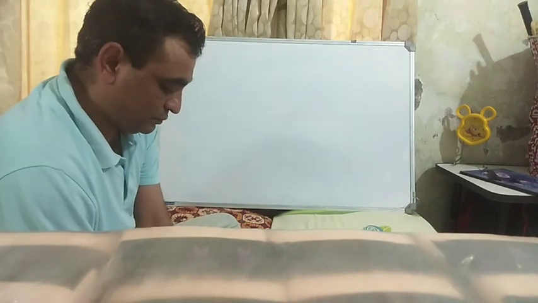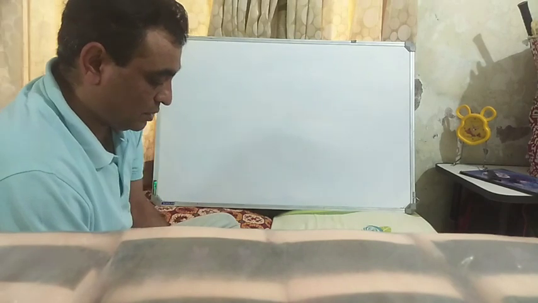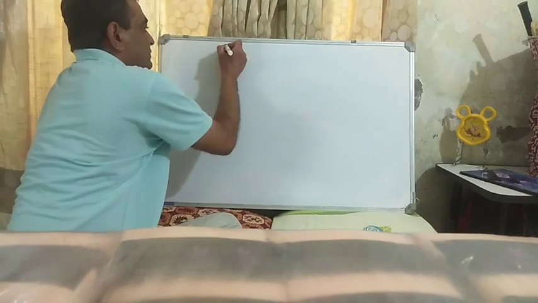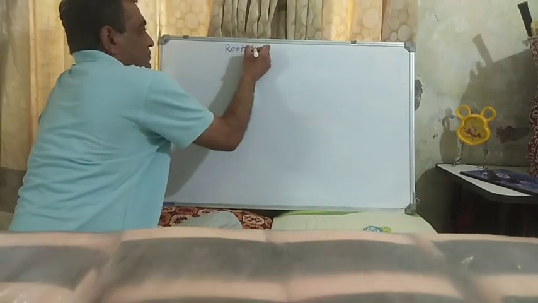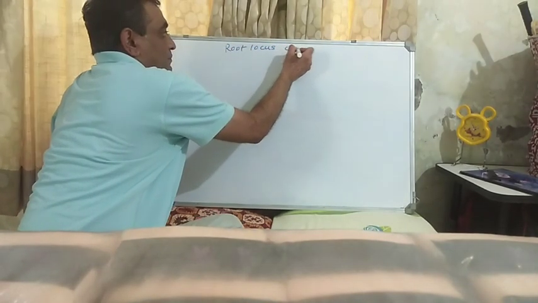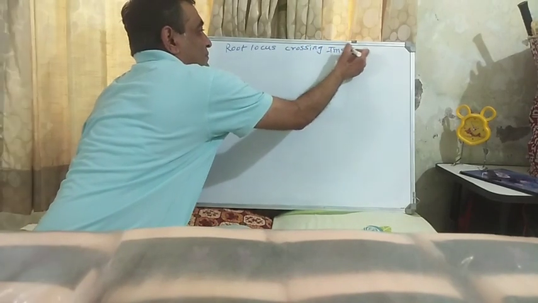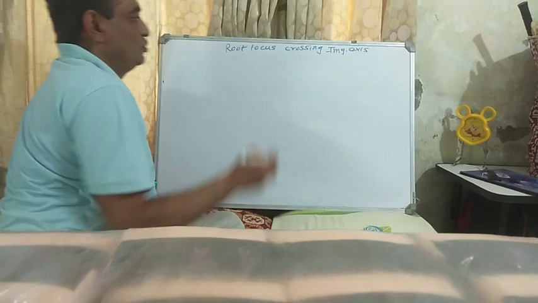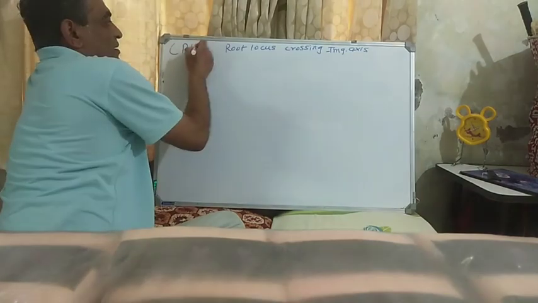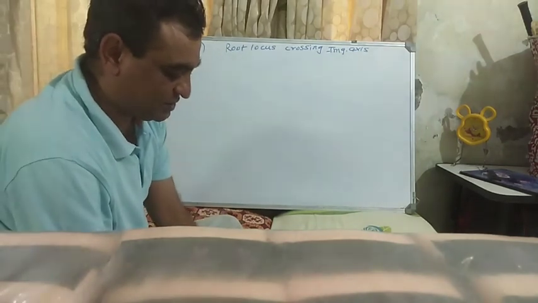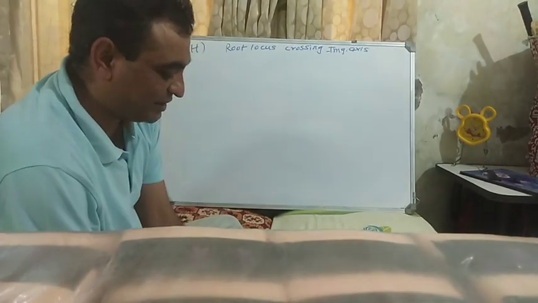Now the root locus crossing the imaginary axis. That can be done via the Routh-Hurwitz criterion. So I need to write the characteristic equation first.